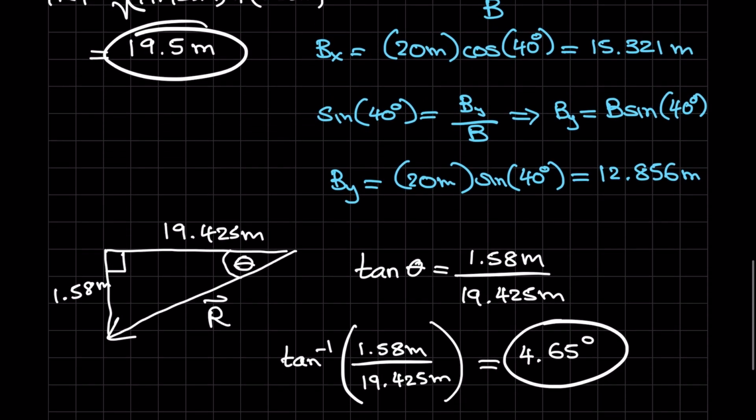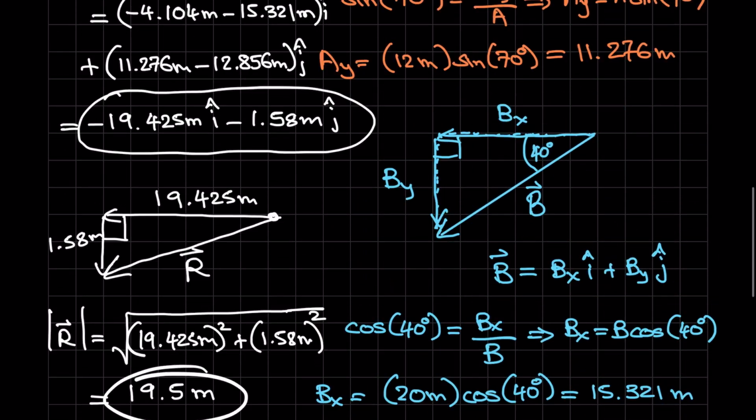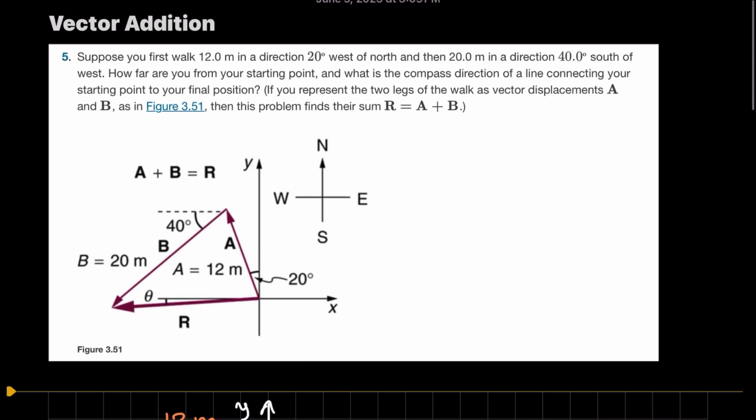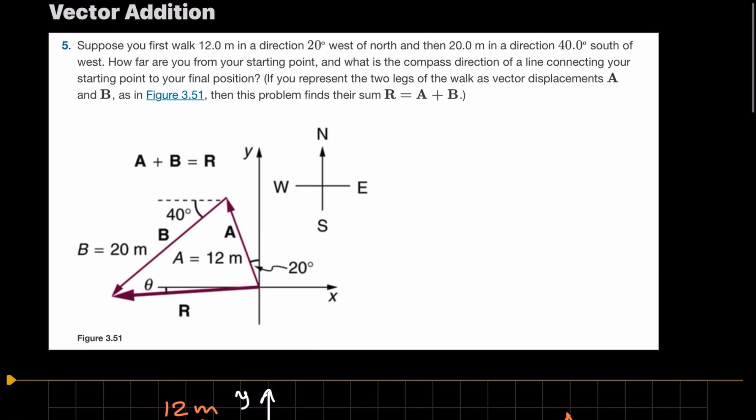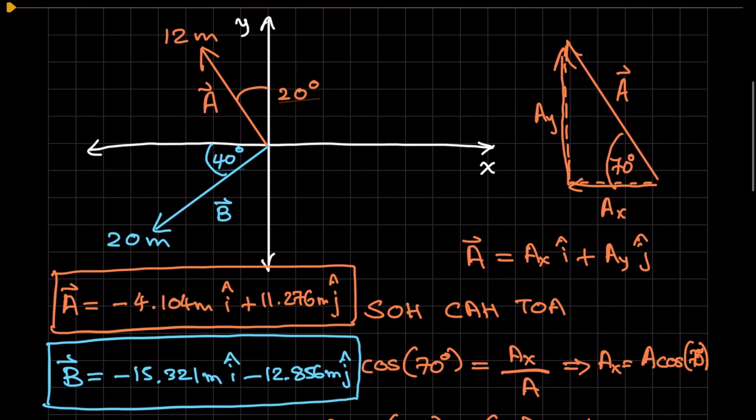Okay, so that's just showing you how you can do this problem in a different way, because the intention of the problem is to do this graphically using a protractor and a ruler. Even though it seems more complicated doing it this way, this is the more mathematically rigorous way of adding vectors.